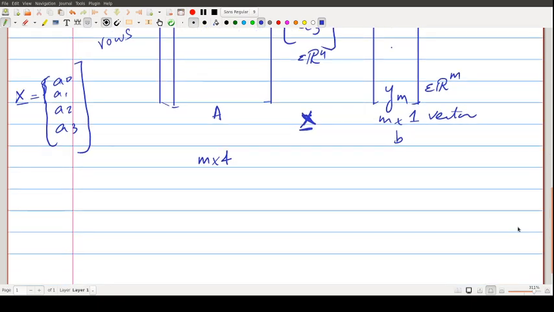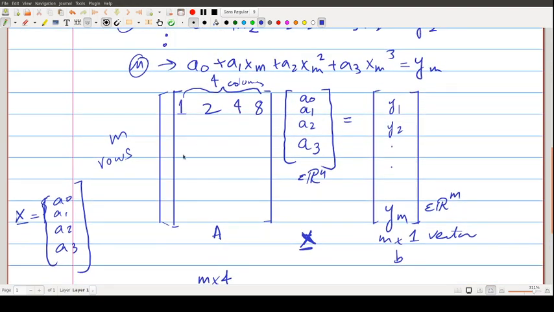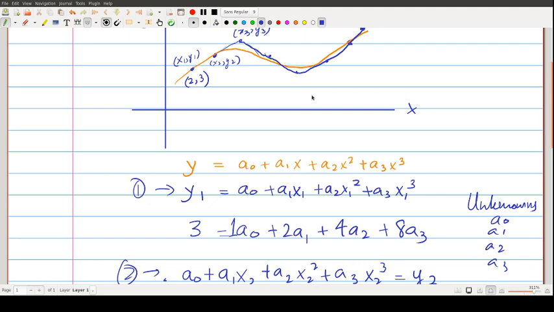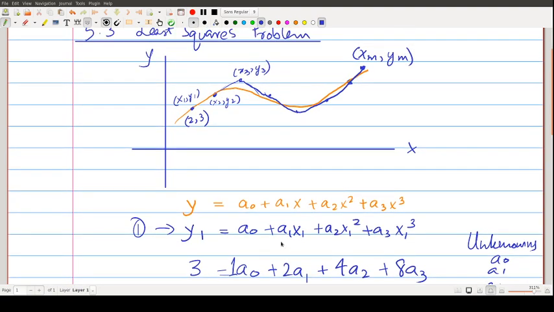Essentially, I'm trying to solve this linear system of equations, trying to find this x. Since we have so many data points, about m points, you want to encapsulate all of that data with a few parameters.